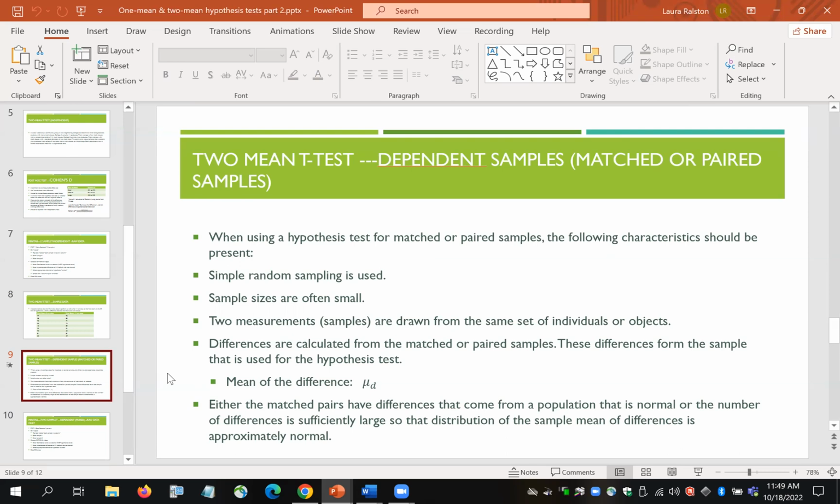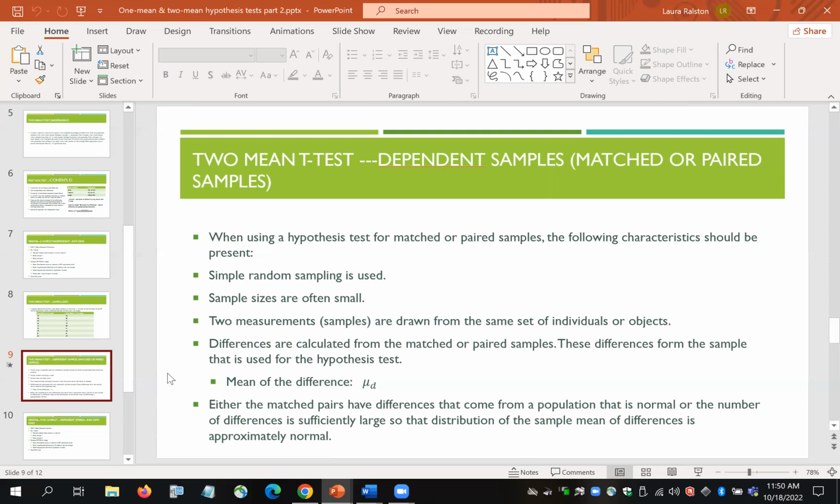Okay, so it's one variable from one group collected at two different times. And we assume that we are using simple random sampling, that every item had the same opportunity of being selected.